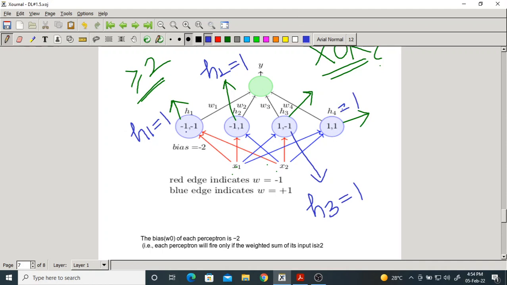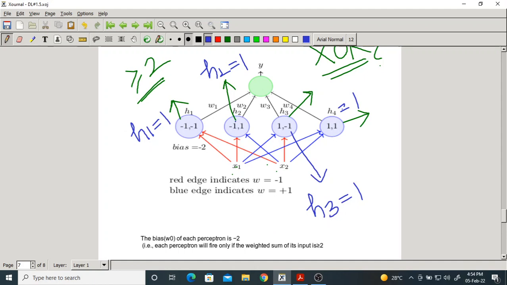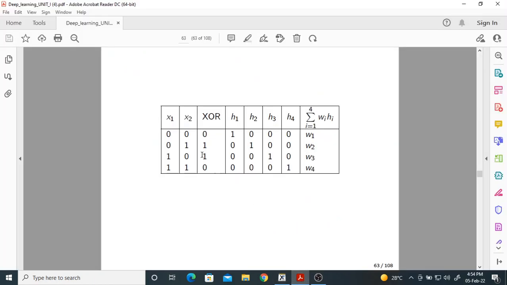So when the input is 0 0, H1 is 1. Input 0 1 means H2 is 1. 1 0 means H3 is 1. 1 1 means H4 is 1. It is very clearly indicated that each and every perceptron in the middle layer will fire only for a specific input. H1 is 1 only for 0 0.